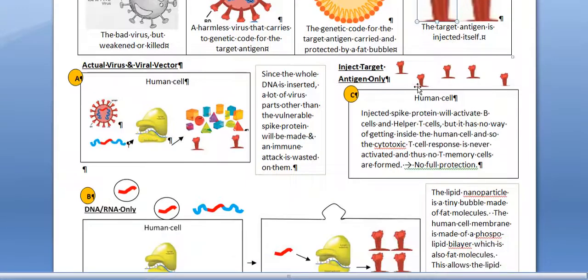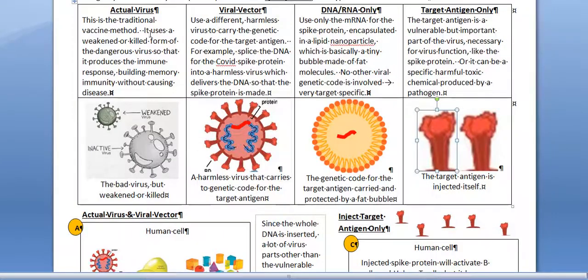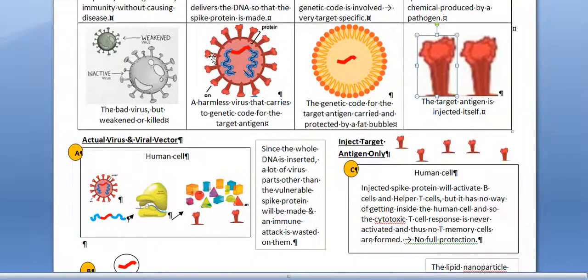All right. So what I want to do is show you what's going on for each of these. Actual virus and viral vectors are similar because you're using a real virus. The virus gets inside the human cell and dumps out its genetic material, which is the whole thing for the virus, plus that little bit of DNA or RNA for the spike protein.